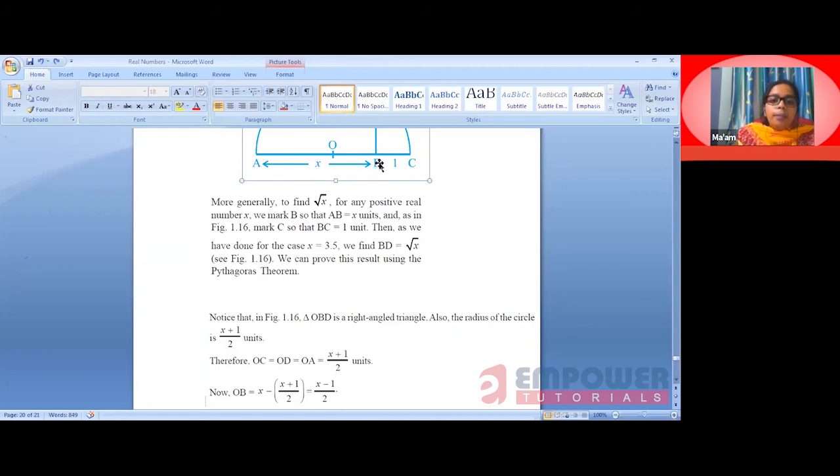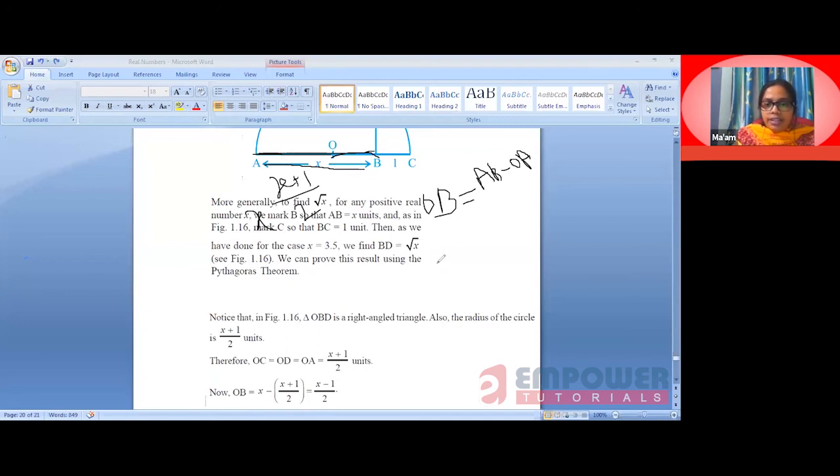This thing minus this thing will represent the value of OB. Now we know radius is equal to x plus 1 upon 2, right? And the value of this whole thing will be equal to x. So OB is basically equal to AB minus OA.